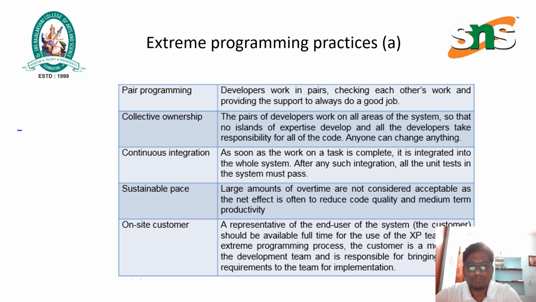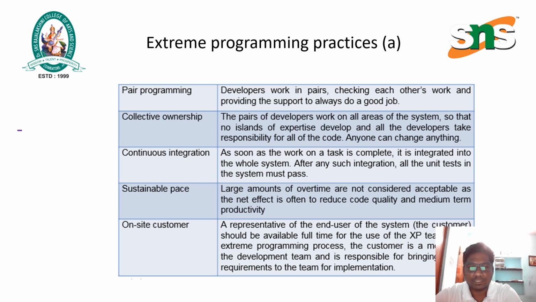In collective ownership, the pairs of developers work on all areas of the system so that no islands of expertise develop, and all the developers take responsibility for all the code. Continuous integration: as soon as the work on a task is completed, it is integrated into the whole system. After any such integration, all the unit tests in the system must pass.